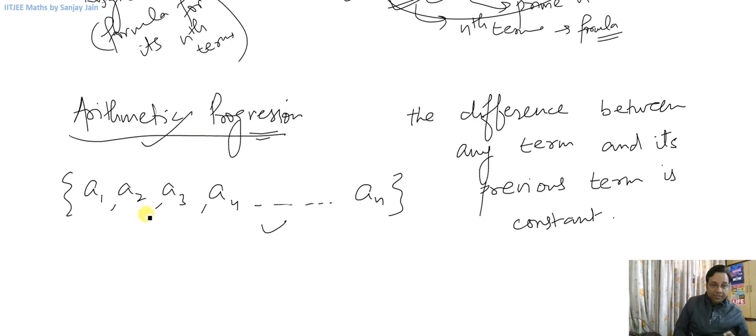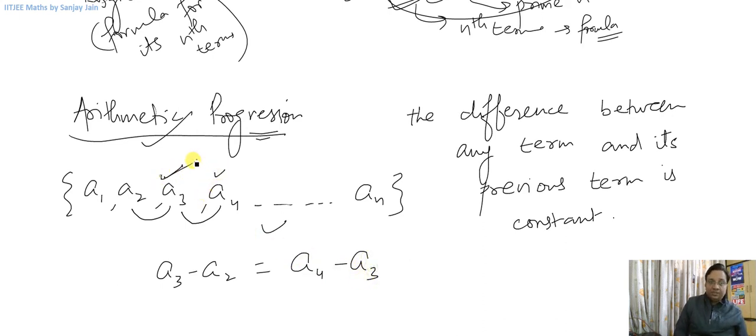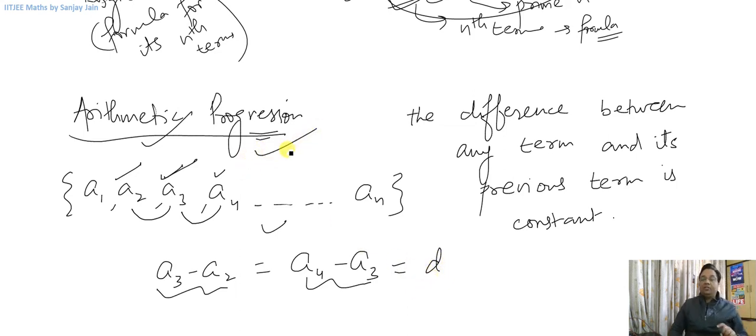Now what do I mean here is, if I take the difference of A3 and A2, now A3 minus A2 and difference of A4 and A3, right? This term minus the previous term, this term minus the previous term. Now these differences are equal and equal to some constant, right? Then these kind of progressions are known as arithmetic progressions, right?